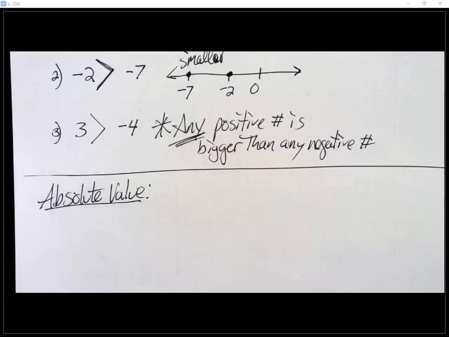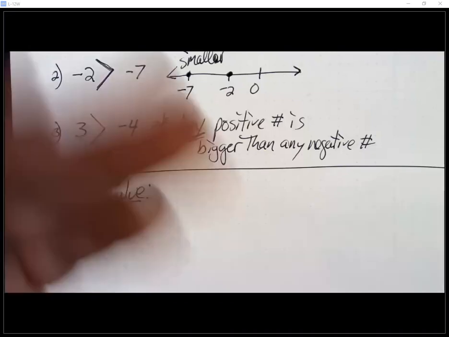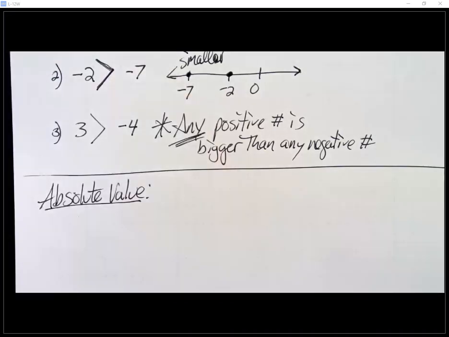No one is going to respond, I live -3 miles from the school, right? Because we don't talk about distance like that. Distance is always a positive value. And since absolute value is just a number's distance away from 0, that's why it's always positive.